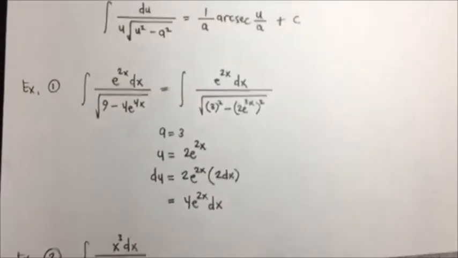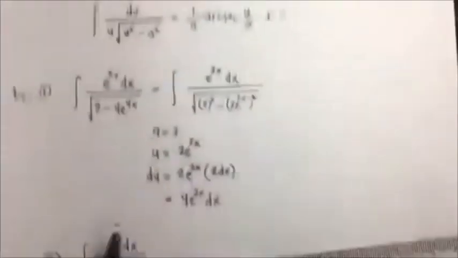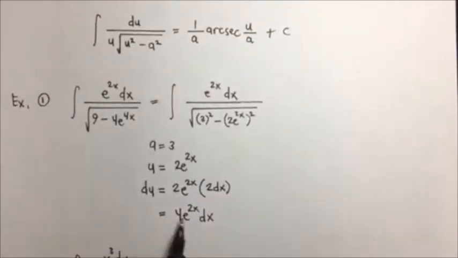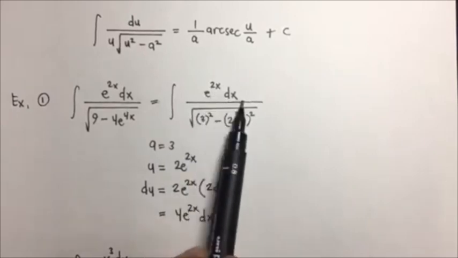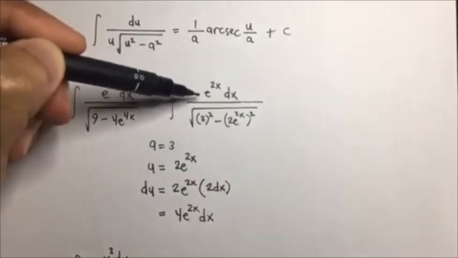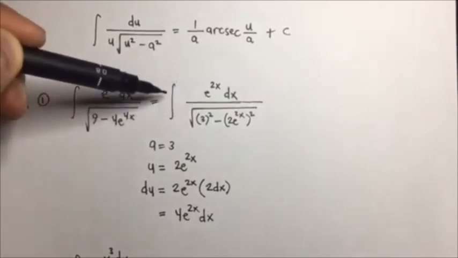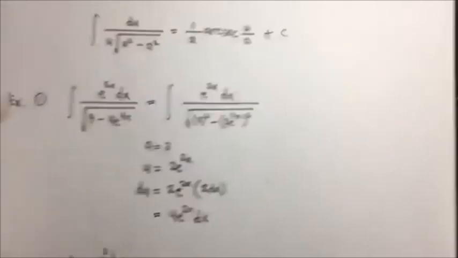As you can see, this should be the numerator, because this is du. However, in our numerator, we only have e raised to 2x dx. So we must write 4 here as the coefficient to complete the differential, and then write 1/4 or the reciprocal of 4 outside the integral sign.